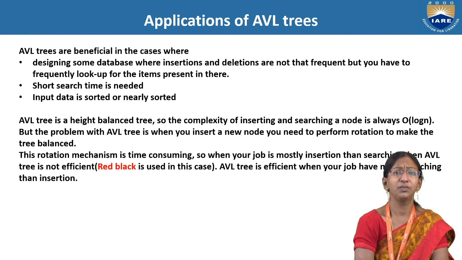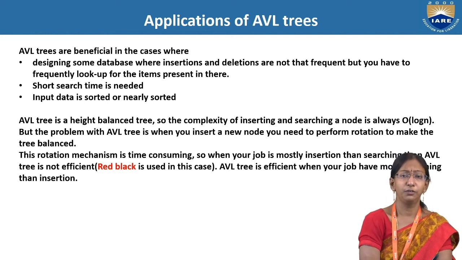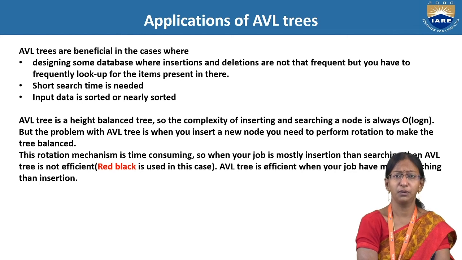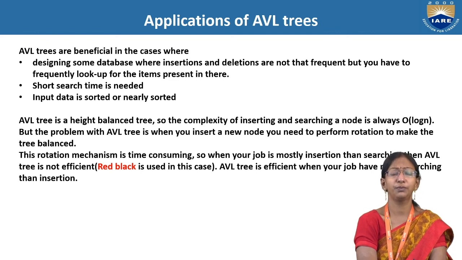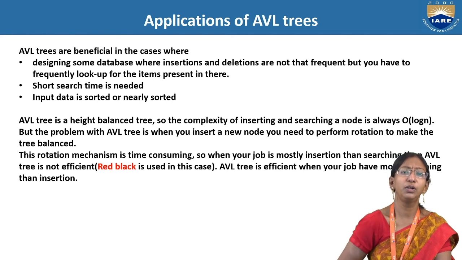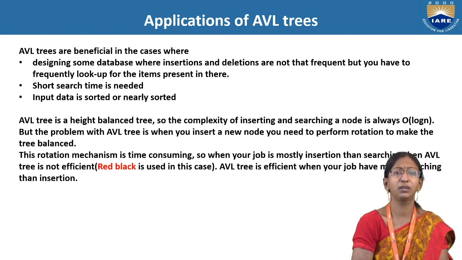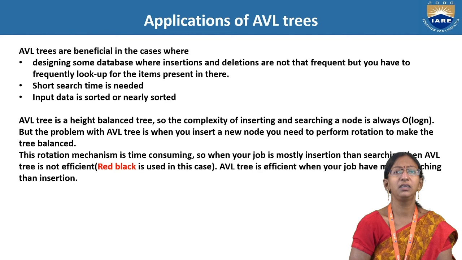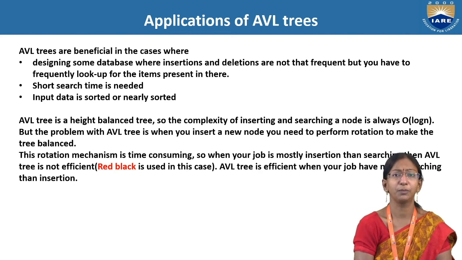The advantage and the disadvantage are the same, like the curse and the boon, right? And the curse with AVL trees is insertion and deletion. If you insert an element and the balance gets lost, you have to rotate the tree, which takes a huge amount of time if the database is a heavy database, right? The same story with deletion. If you delete an element and it violates the rule of AVL, you need to rotate the nodes, which again needs a huge amount of time.